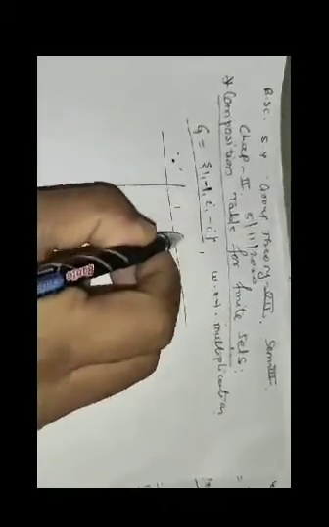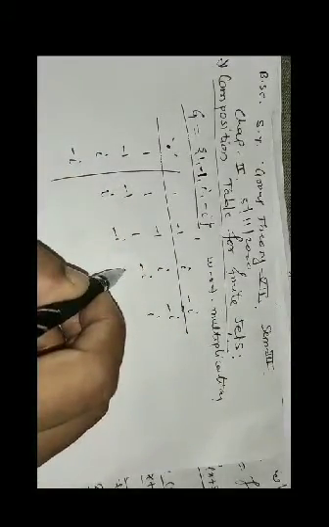Take all these elements in the first row, and in the first column we also write all the elements, and then take the products. 1 into 1 is 1, 1 into minus 1 is minus 1, 1 into i is i, 1 into minus i is minus i. Minus 1 into 1 is minus 1, minus 1 into minus 1 is plus 1, minus 1 into i is minus i, minus 1 into minus i is plus i.